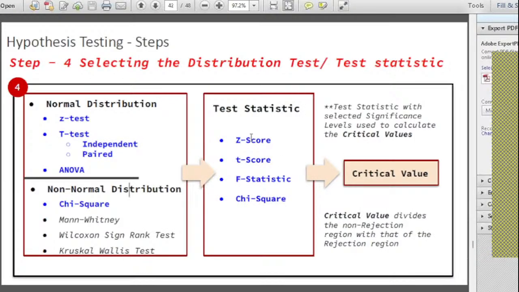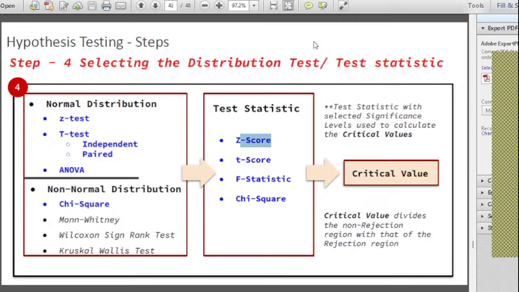So once you decide which test is to be used, Z test will yield a Z score, T test will yield a T score, F test an F statistic, ANOVA an F statistic, and chi-square generates a chi-square statistic, right? Using these test statistics along with the significance level, we look at some tables.